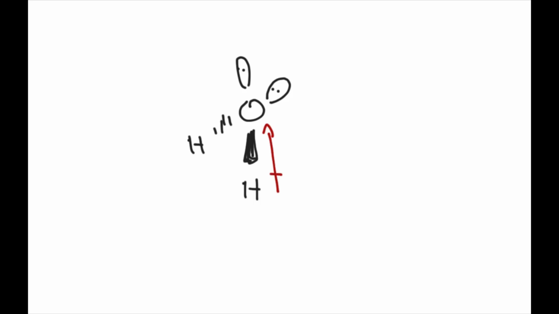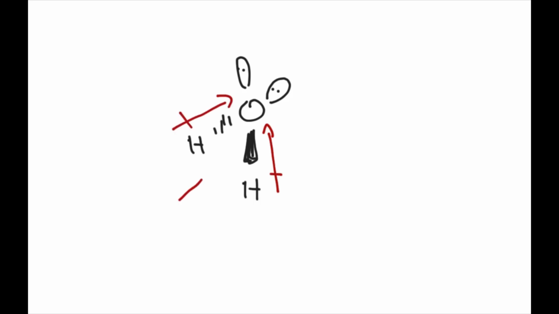And we'll try this last one with water. So water, we have a lone pair of electrons here, lone pair of electrons here, and we're going to have a hydrogen this way, and a hydrogen this way. Same thing with the vectors: oxygen is more electronegative, so the dipoles are going to head this way.